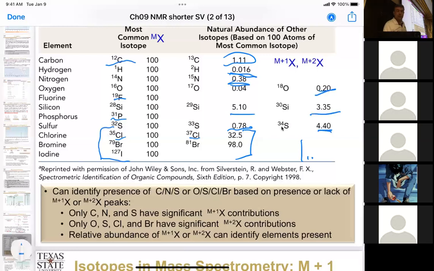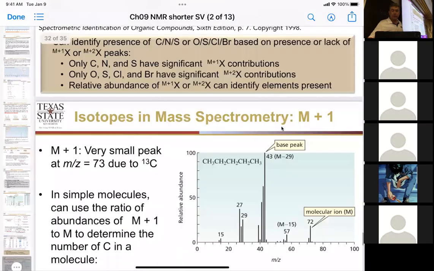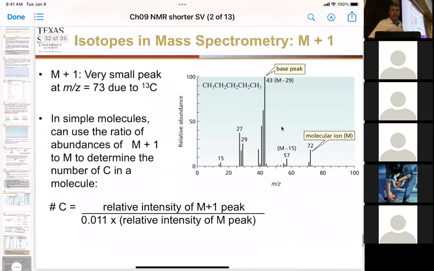But look what bromine does. You have 79 and 81, so you have an M plus 2 peak, but they're 50-50. You're going to see them, they're just going to stand right together, and it's going to be very obvious, okay? So that is one of the cool things about these. That means when we look for those isotopes, we can see them in our system.